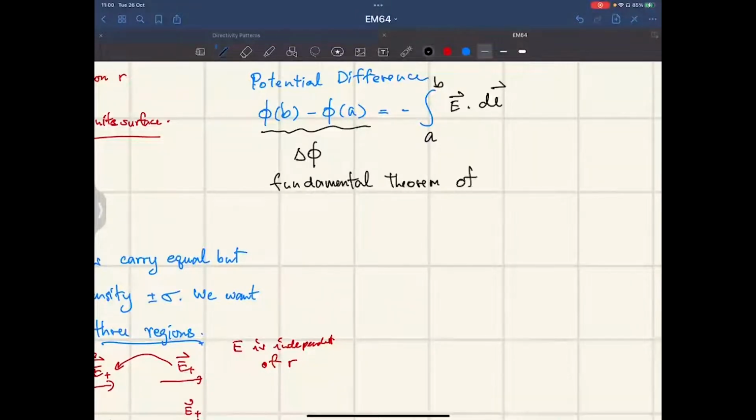And we know that from the fundamental theorem of gradient. Remember, what does this theorem tell us? It tells us that, let's say if previously we used T B minus T A, any scalar function, you can write it like this.